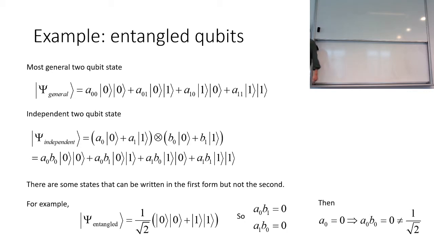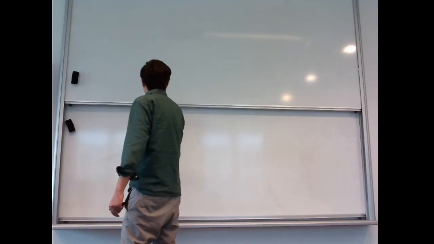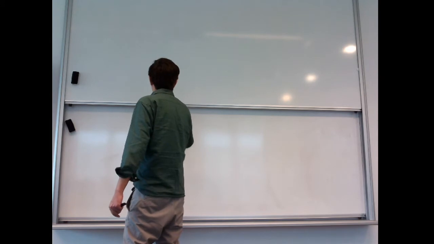We're going to do it by sort of proof by contradiction, if you like. So suppose it's this one. There's no 0,1 or 1,0 here, right? So that basically means that we demand A0B1 has to be 0.